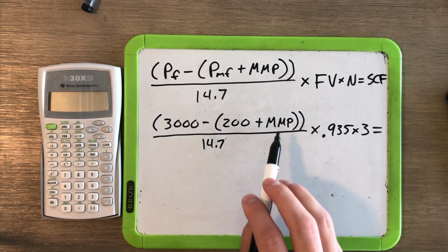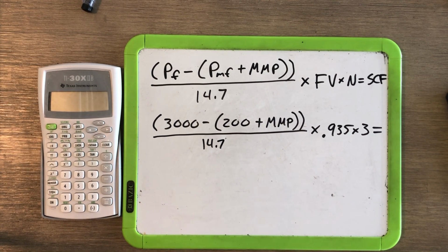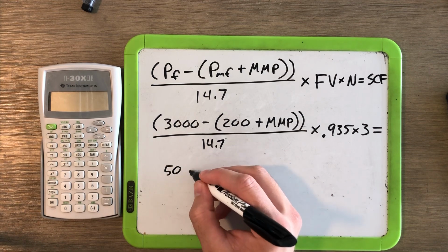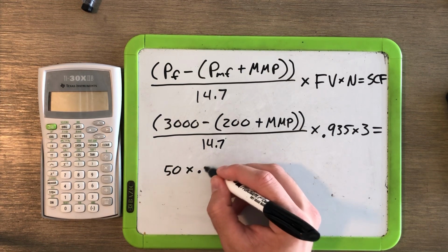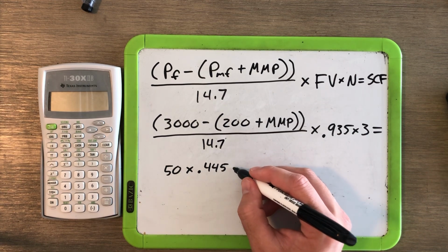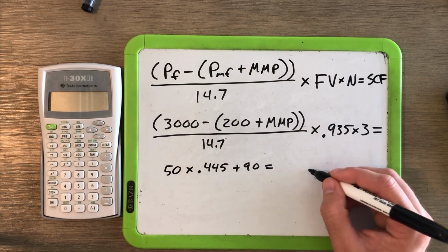Now we just got to figure out what our MMP is. We talked about this earlier, so I'm not going to spend too much time on this, but say we're diving to a depth of 50 feet. We're going to say 50 feet multiplied by 0.445 plus 90 equals our MMP.